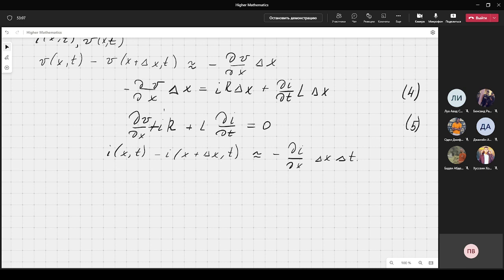It is taken up in charging the element. This is equal to C delta x dV over dt delta t.